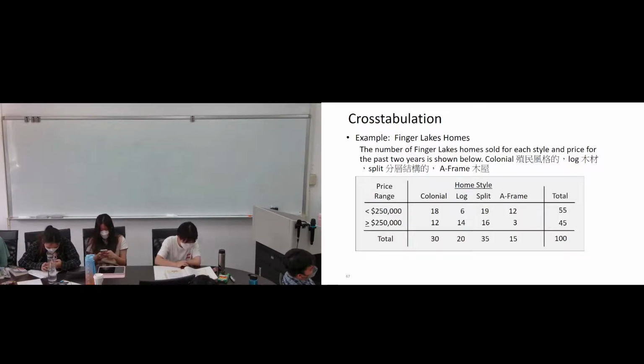The total sample size is 100. Out of the 100 homes, 55 are priced below $250,000 and 45 are priced above $250,000. Also, 30 are colonial, 20 are log, 35 are split, and 15 are A-frame.